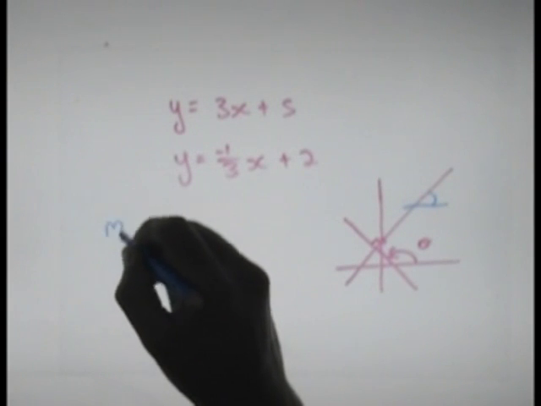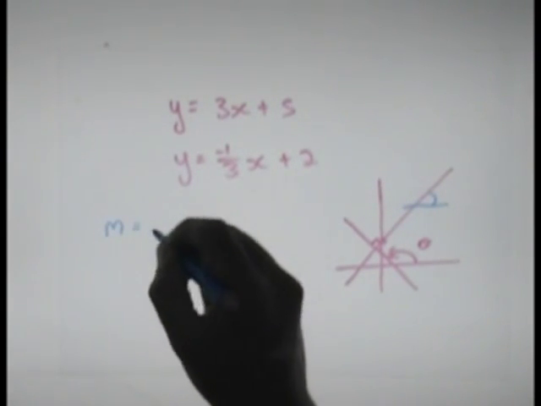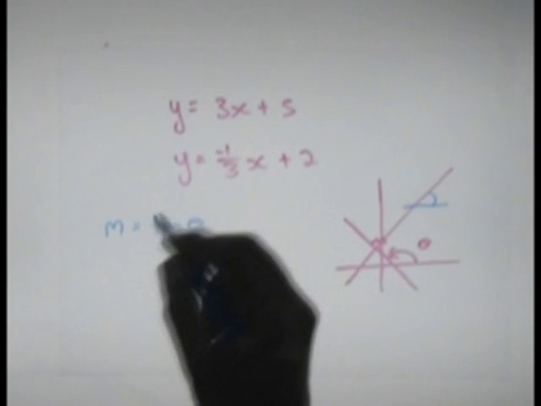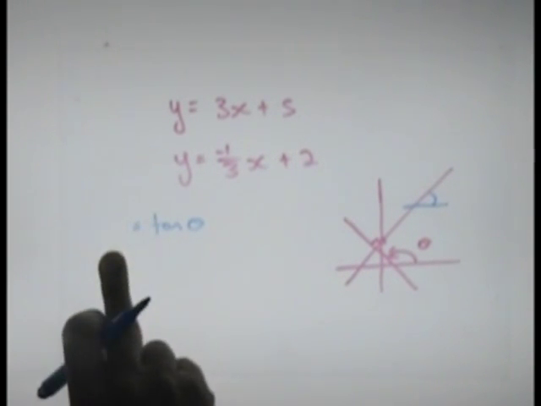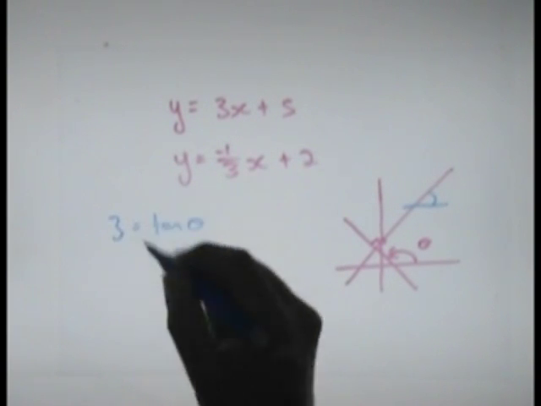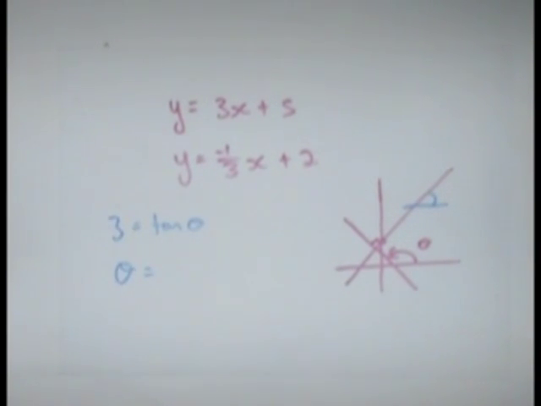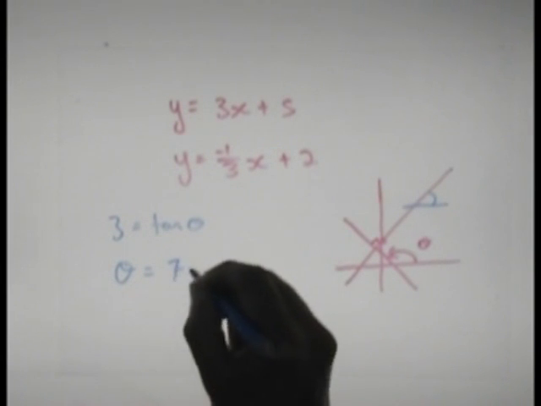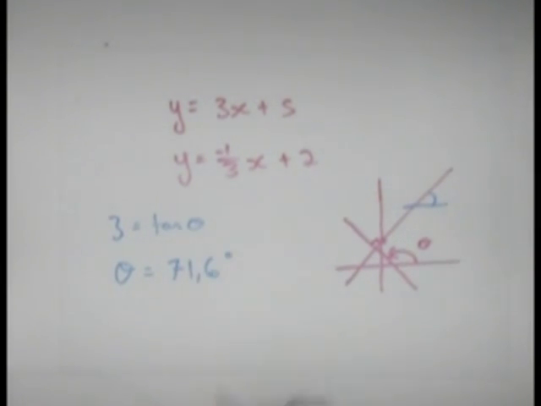That means that I'm going to work out m is equal to tan theta, but the m value I'm going to use is not the -1 over 3, but rather the positive 3. That means that theta is equal to the inverse function tan of 3, which is equal to 71.6 degrees.